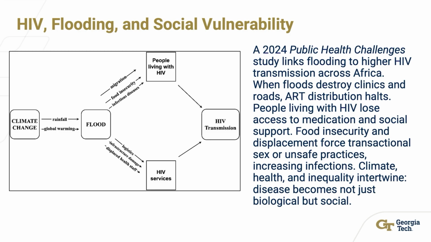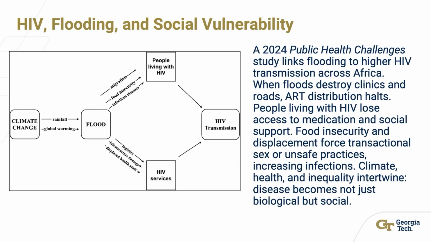This can continue on into other areas of social vulnerability. Earlier, we talked about flooding and how flooding is one of the key drivers. Flooding and heat, but flooding specifically is one of the key drivers of this spreading of not often airborne disease, but zoonotic diseases.